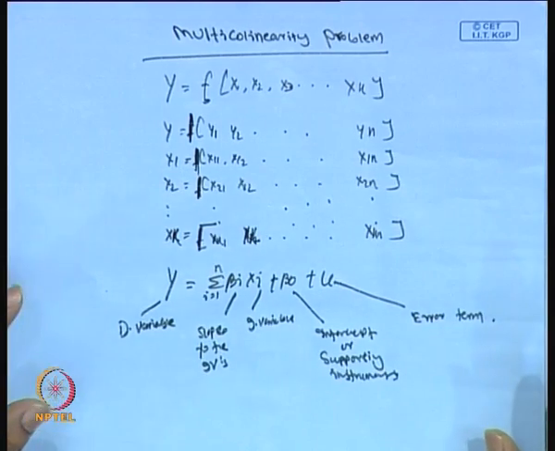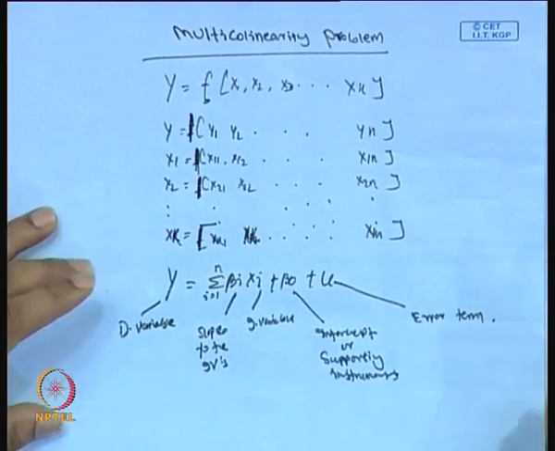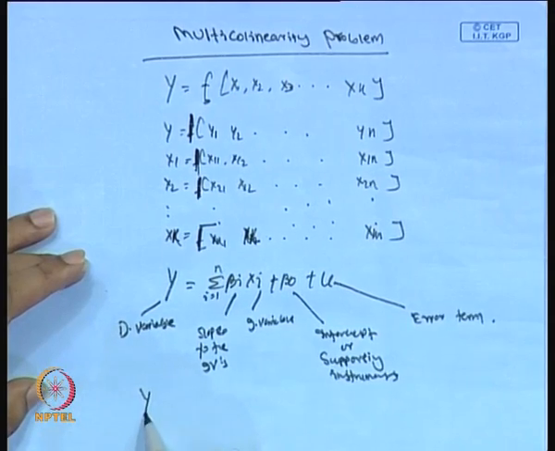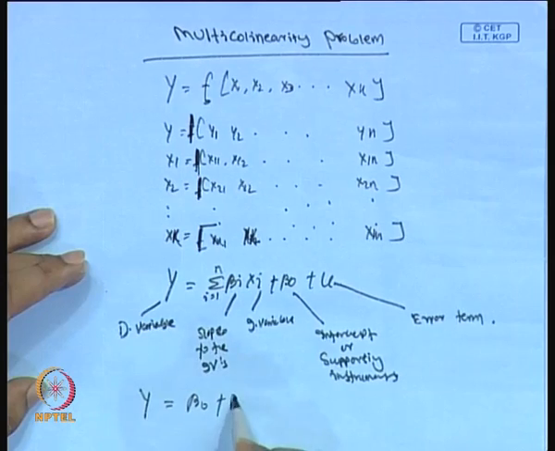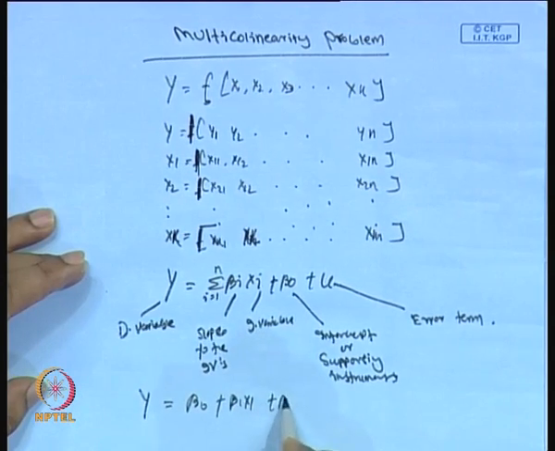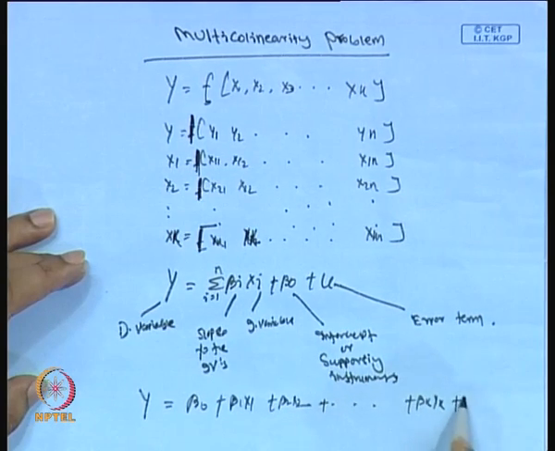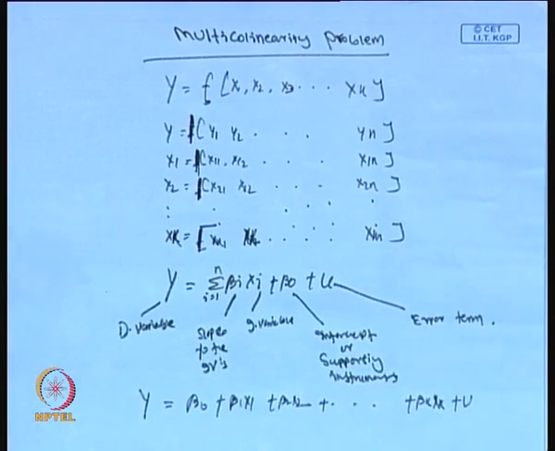This model is in implicit format, so let us put it in explicit format: beta 0 plus beta 1 x1 plus beta 2 x2 plus and so on, plus beta k xk plus u. This is the pure multivariate model with k independent variables.